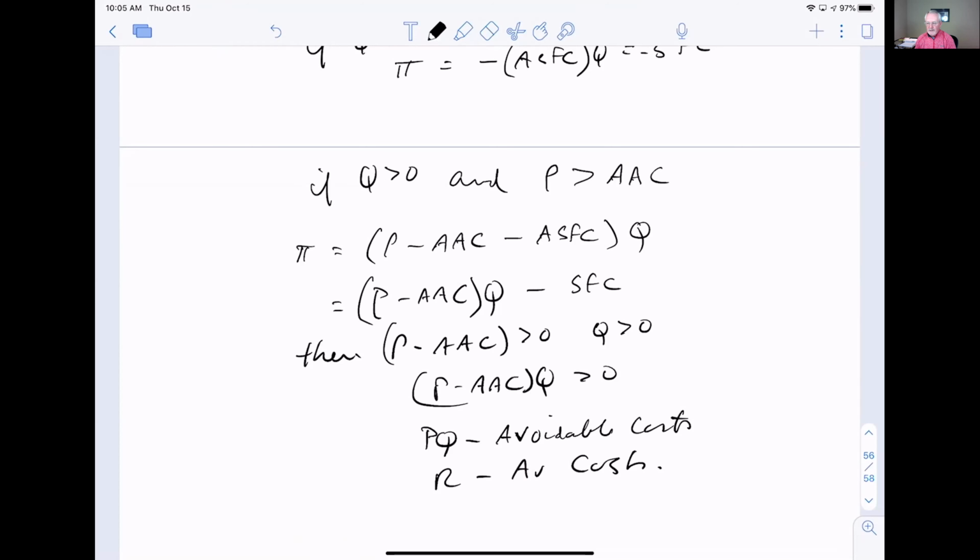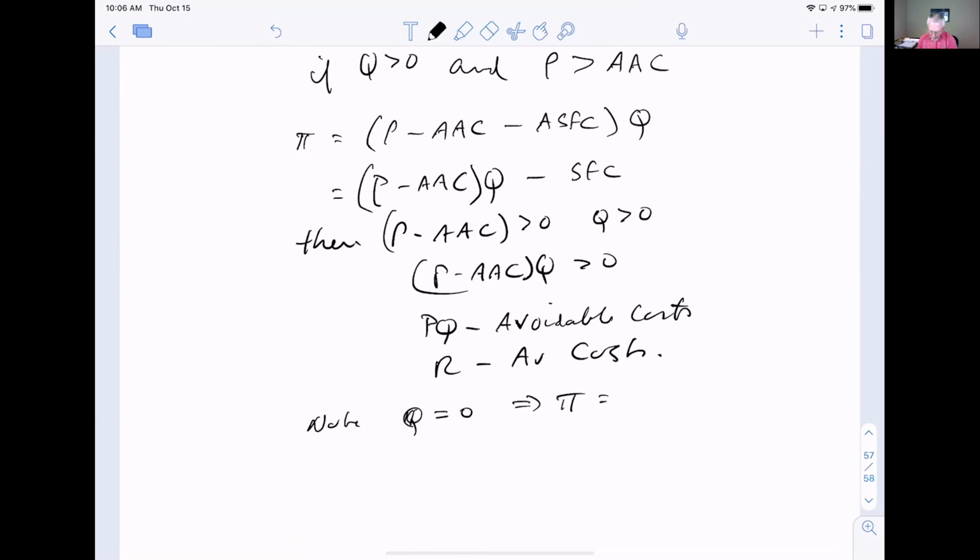So note, if Q equals 0, that implies that profits are equal to minus sunk fixed costs.